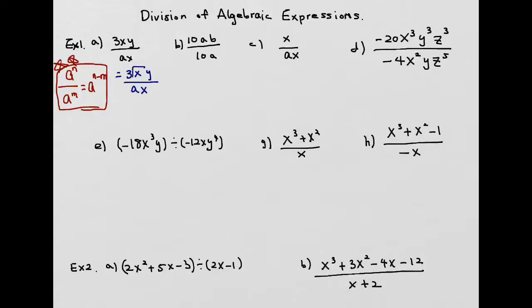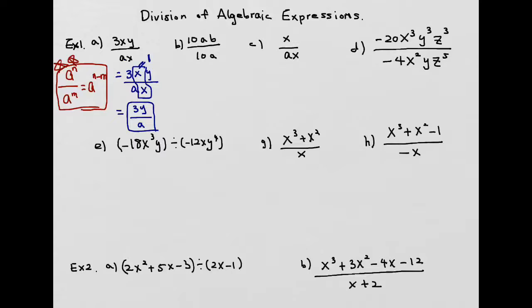We have x over x. If we just look at x over x, they cancel out each other, right? This is going to equal 1. If you have the same value on the numerator and denominator, they cancel out each other. So that will give you 1. What's left over? You're going to have 3y on the numerator and a on the denominator.